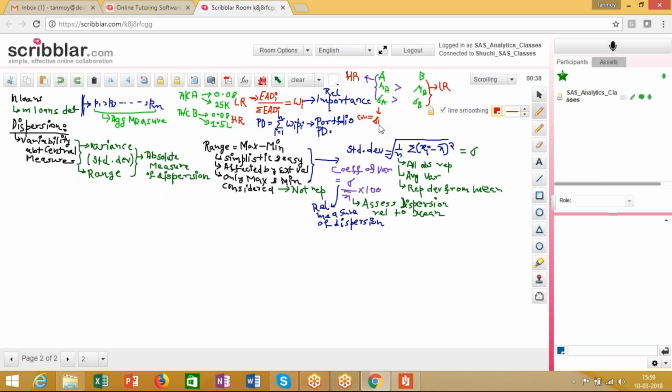So this is sigma A. Right, now after comparing, if I see that the CV of A is greater than that of B, then I'll opt for asset B. If I see that it is the other way around, then I'll opt for asset A.